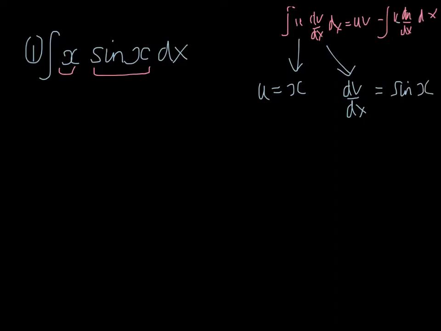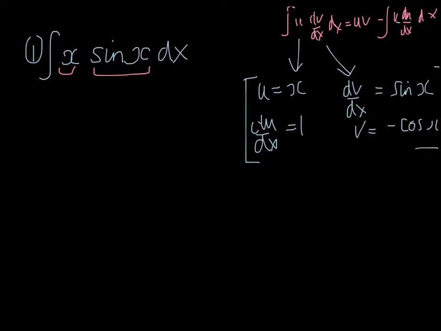The reason being that when you differentiate or integrate trig functions sine and cosine, they don't get any more complicated or any more simple, whereas x, when we differentiate it, just gives us 1, so that's definitely simpler. So our v will be minus the cosine of x. That's everything we need in our formula now.